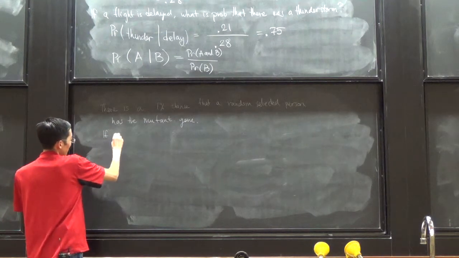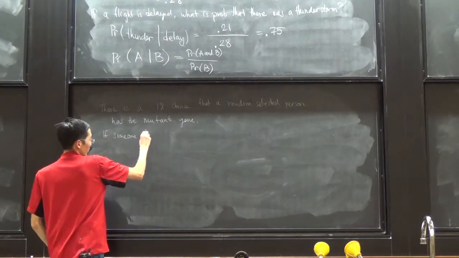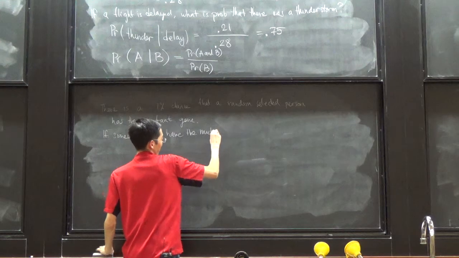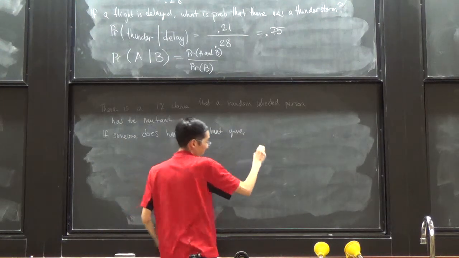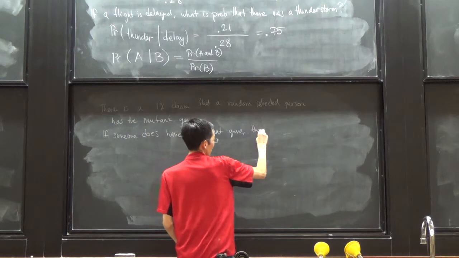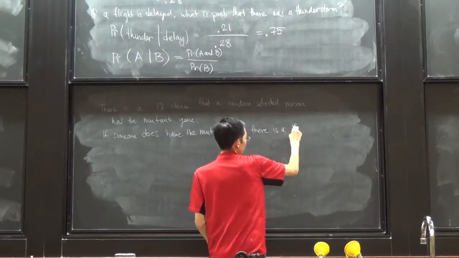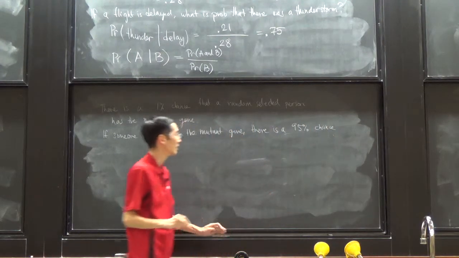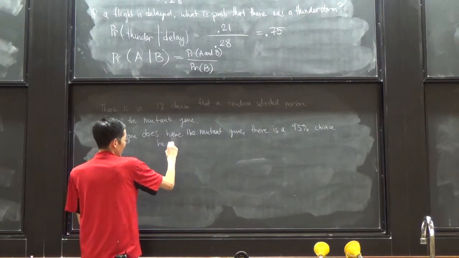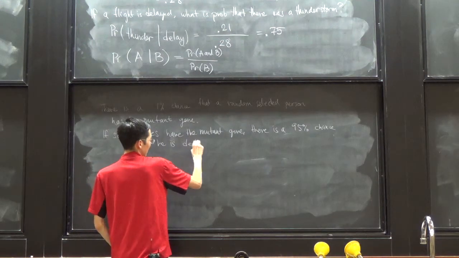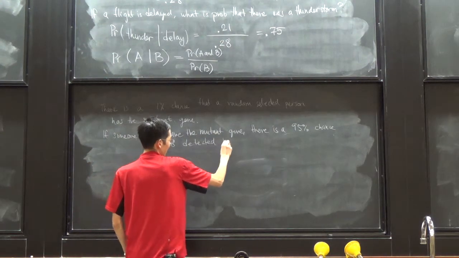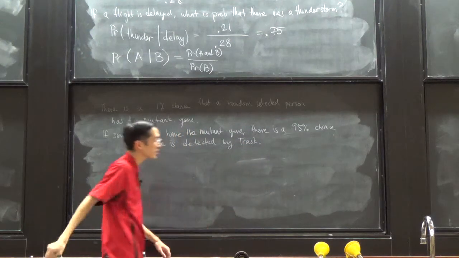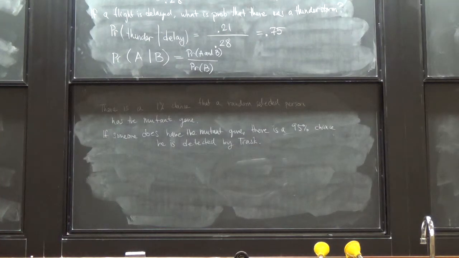So if someone does have the mutant gene, let's say there is a 95% chance he is detected by, I don't know, Trask's device, all right?